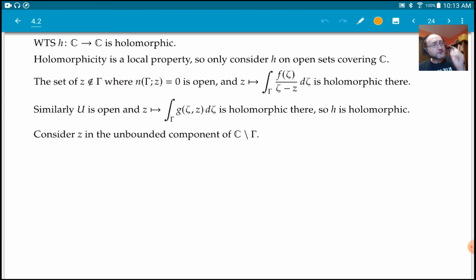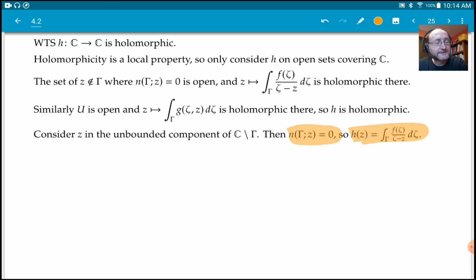Let's consider z on the unbounded component of the complement of gamma, maybe very far away from the origin. Actually, we're going to want it to be very far away. On the unbounded component, the winding number is 0, so we have this definition for h, which basically looks like the Cauchy formula.